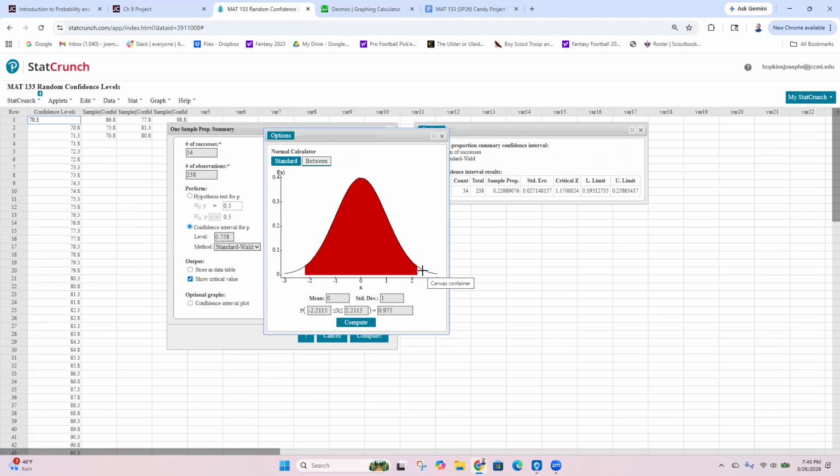So if 75% of your curve is red, that means the 25% is your alpha. That's the white space here. And we write it as Z alpha over two because there's two alpha sides. We basically take that error rate, that 25% I said a second ago, and cut it in half and put some white on this side, some on this side. So anyway, all right.